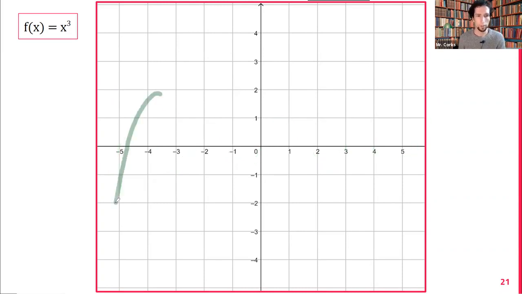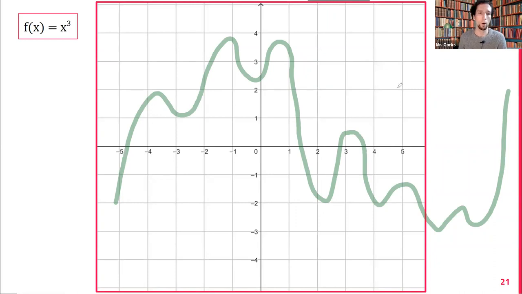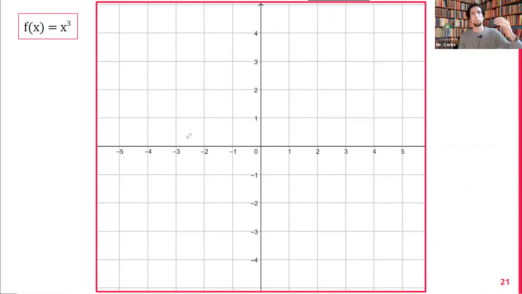But if the intervals are doing this up here and they just happen to never touch the x-axis, then it's not going to make a zero. The number of zeros cannot be more than the number of intervals. They could be equal, or there could be more intervals.